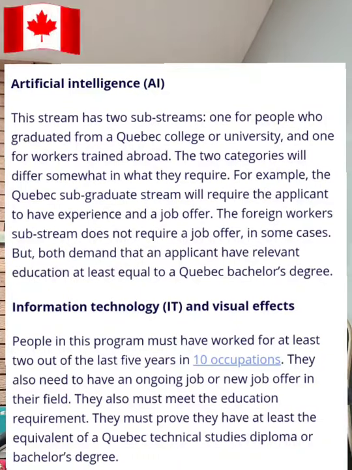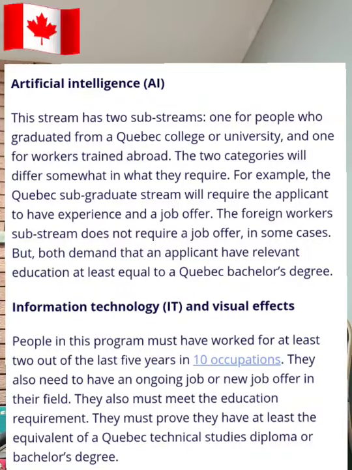Then we have the Quebec Immigration Program for workers in artificial intelligence, information technology, and visual effects sectors. Now, the province of Quebec launched this pilot program in April 2021, that is recently, and it has two streams. One is artificial intelligence, and the other one is information technology and visual effects sectors.